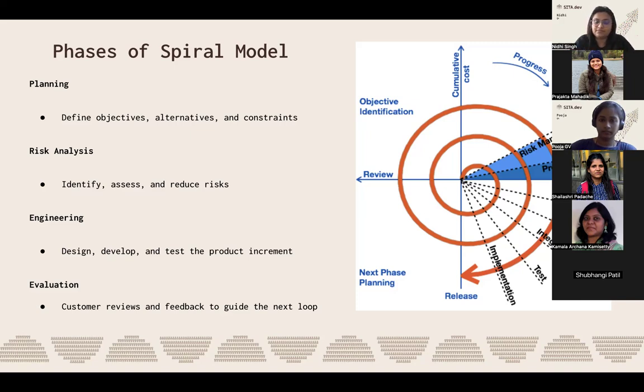After gaining the feedback from the customer, changes are made in the prototype in order to increase the quality of the product. So this process goes spirally. This is called the spiral model, and it is a combination of risk analysis and iterative development.